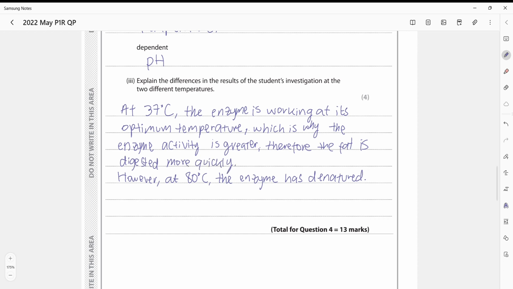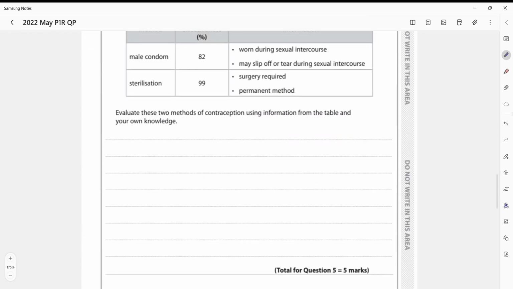So the 4 marks are: 37 degrees, optimum temperature, that's 1 mark. Second mark is enzyme activity is greater. Third mark is fat is digested more quickly. Fourth mark is at 80 degrees, the enzyme has denatured. So those are the 4 marks.